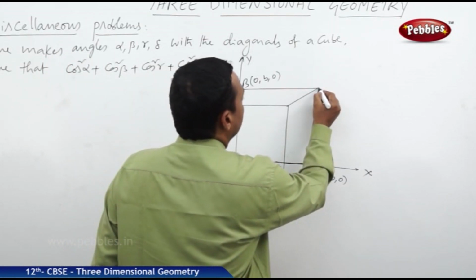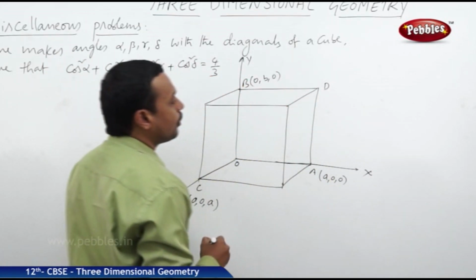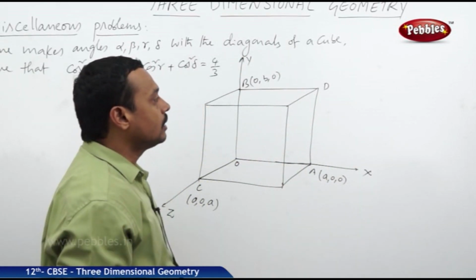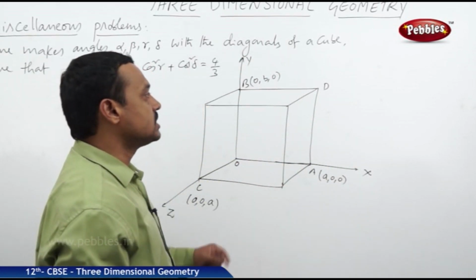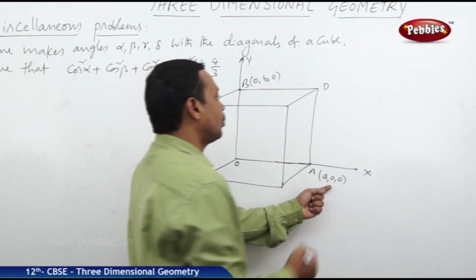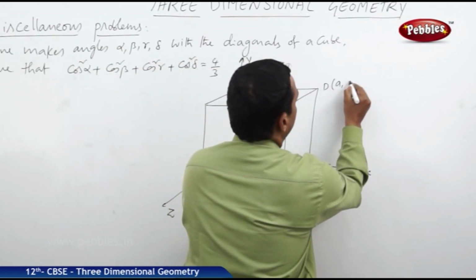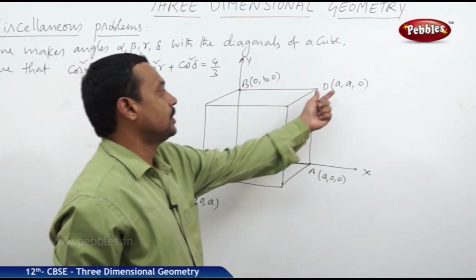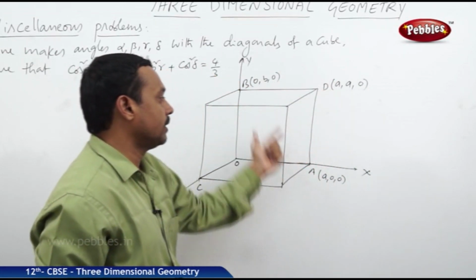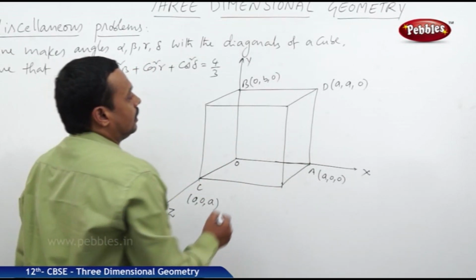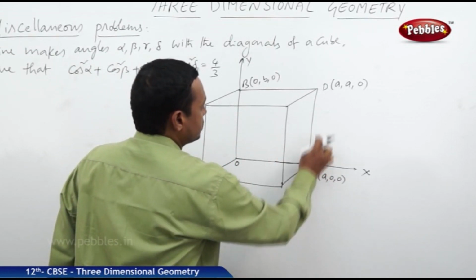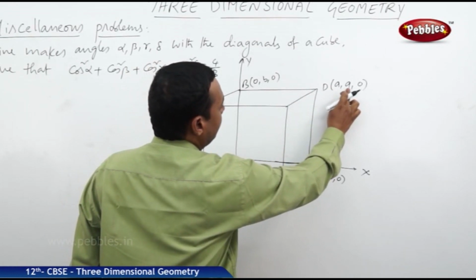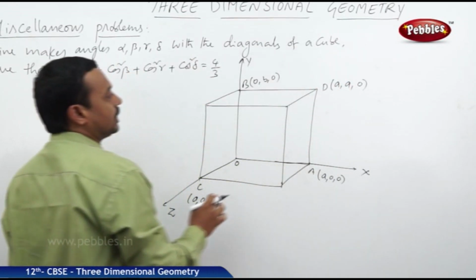Now, D is the point in the xy plane. In the xy plane, the z coordinate is 0, and the x and y coordinates are A. This is A units, it is also A units, so the coordinates are (A, A, 0).